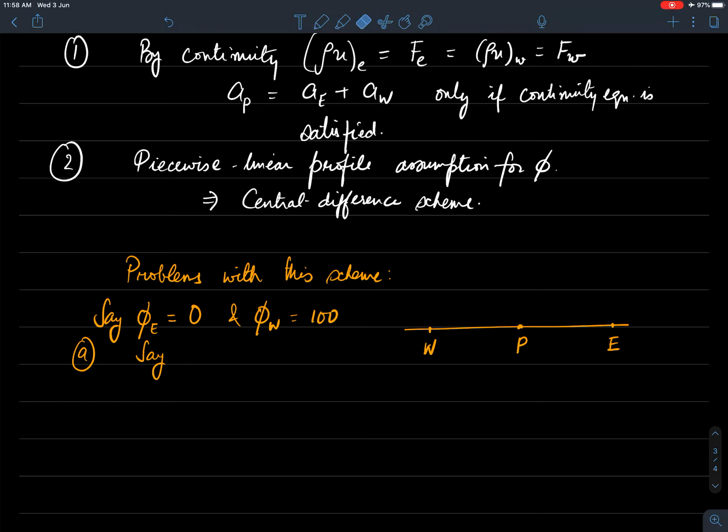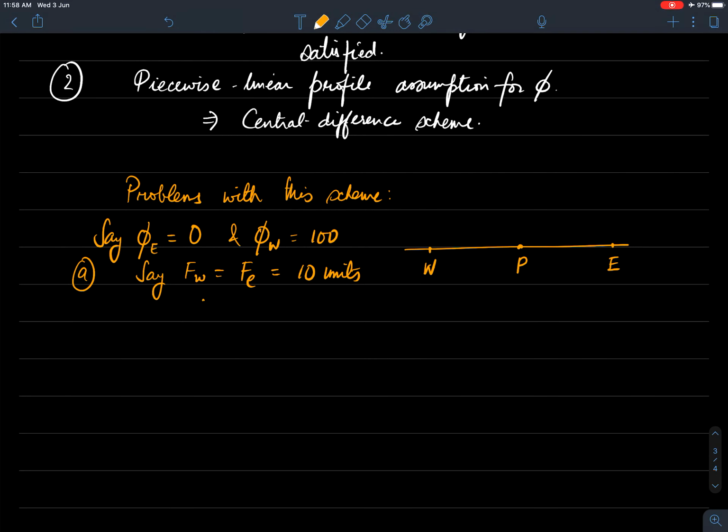In the first scenario, let FW equal FE equal 110 units. So it's a flow field that satisfies continuity, and let's say DE is also equal to DW is 10 units.